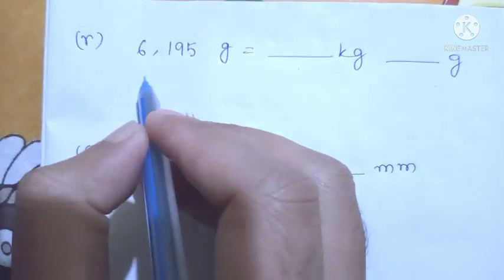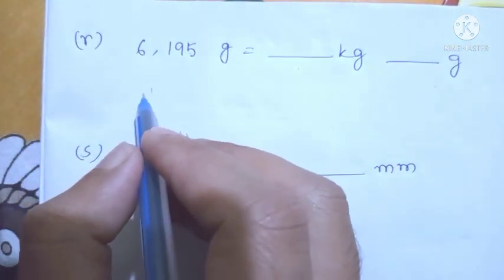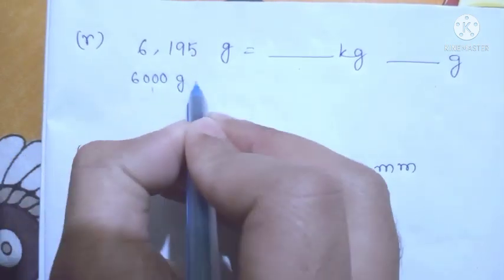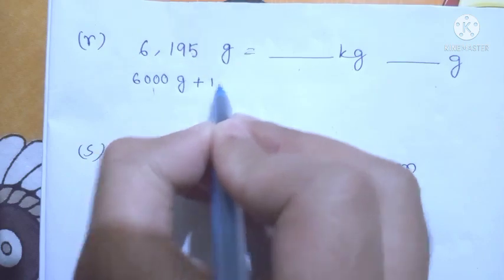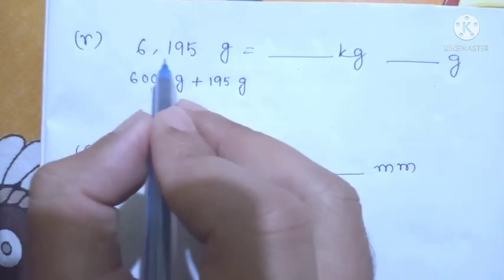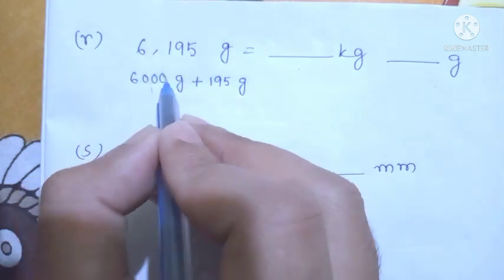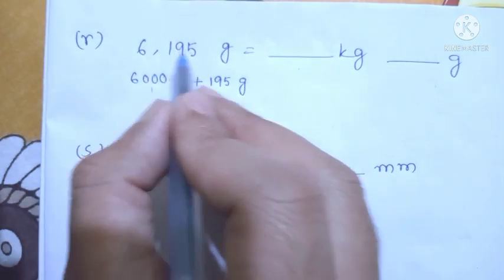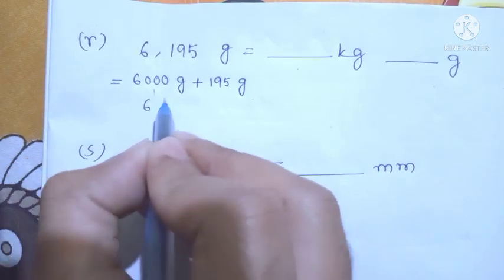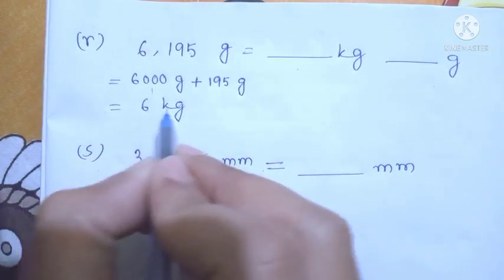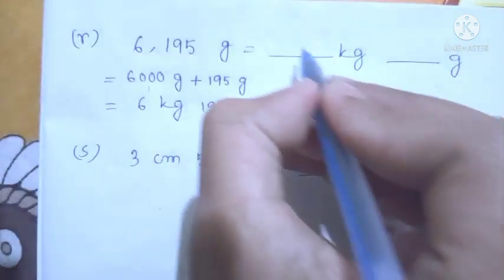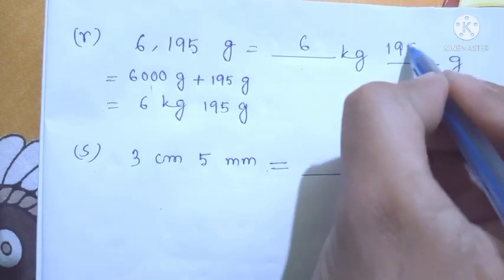We know 1000 gram means 1 kg. So we can write 6000 gram plus 195 gram. Now 6000 gram means 6 kilogram, and 195 gram, so 6 kg 195 gram.